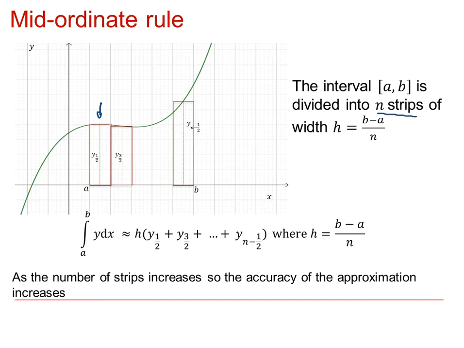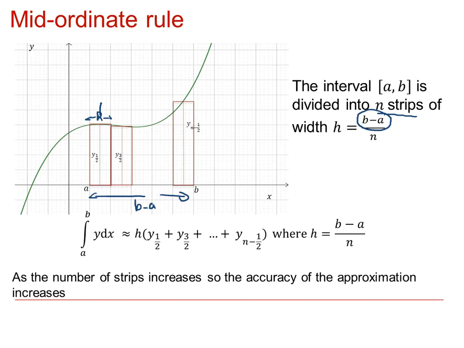So if we have n strips, then the width of the interval, which is referred to here as h, will be b minus a, the width of the whole interval, divided by the number of strips, which is n.